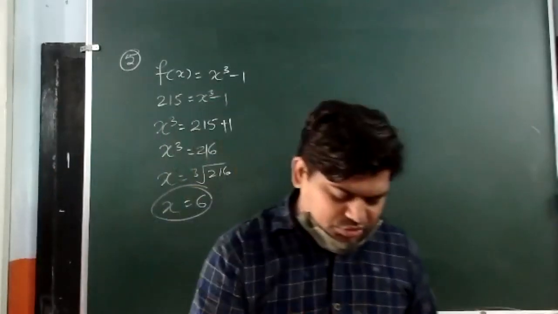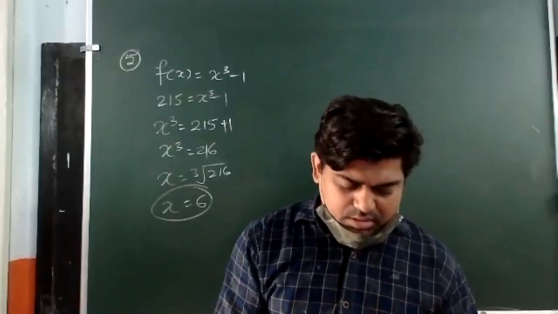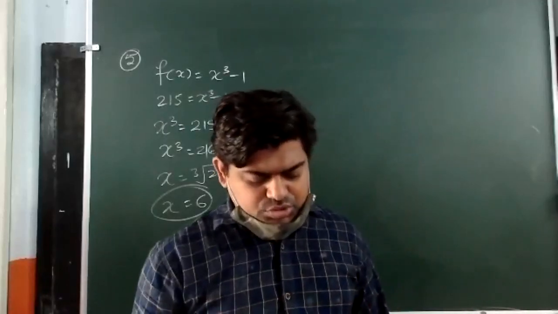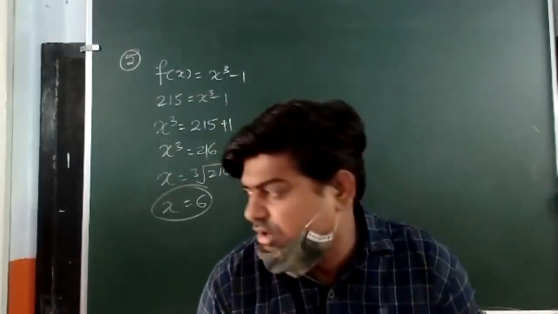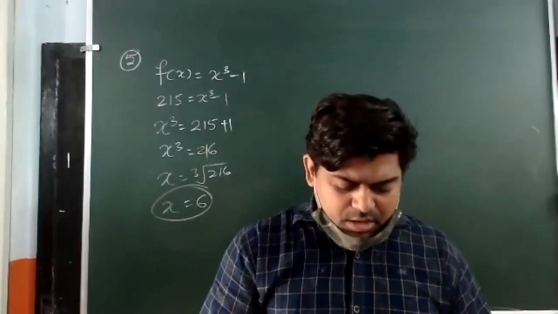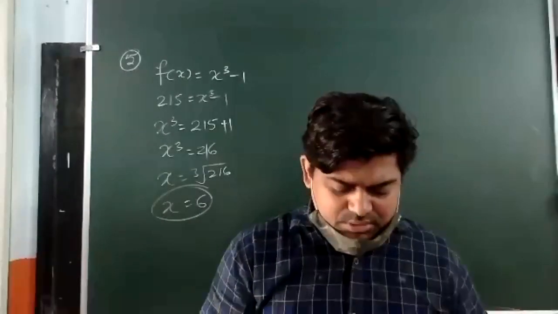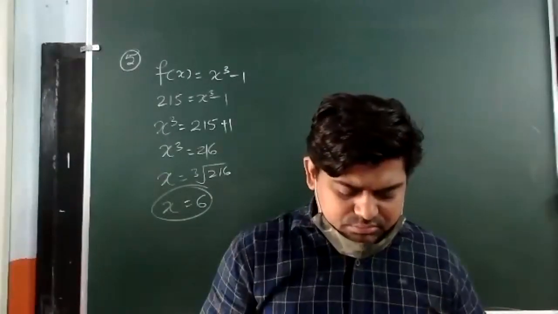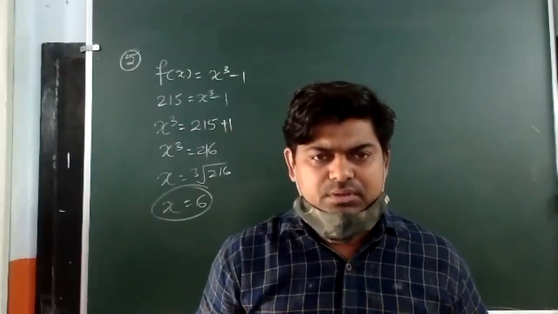Now I am moving slowly to the other type of question. Question number 6 and 7 you can see. Then after that I will do question number 8. In question number 6, f(x) is equal to 2x square plus 1 as given, and the domain has been given. Domain means what? The value of x has been given.